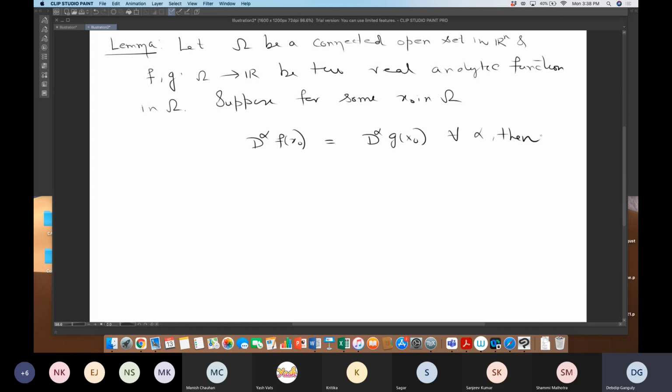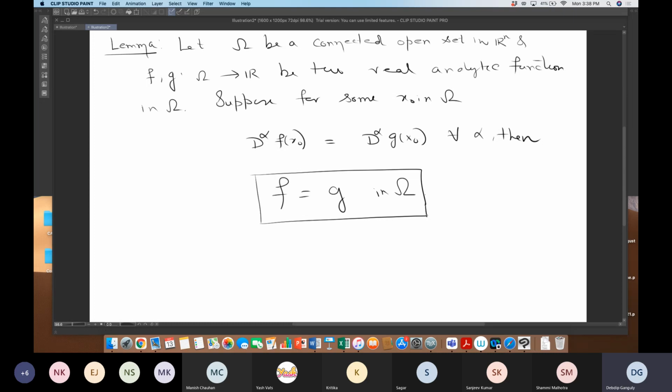Then what will happen? F will be equal to G, on the full omega. Then f equals g in omega. We did this proof.